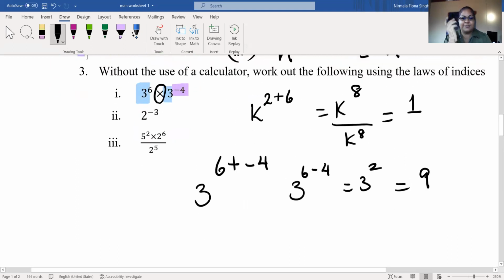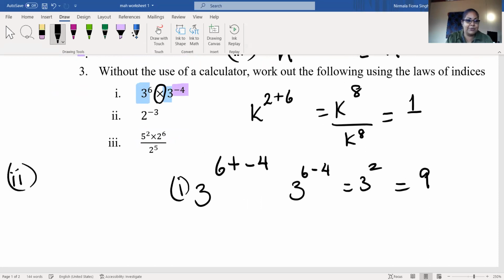Right? Real easy to work out. Let's look at the next one. I'm sure you're probably thinking, Miss, that wasn't so bad. Part 2, I have 2 to the minus 3, and I want you to work that out. I want you to tell me what number I'm going to get with that. Now, we know anytime a number has a negative index, that means we're looking at a fraction. So this means it automatically becomes 1 over 2 to the power 3.